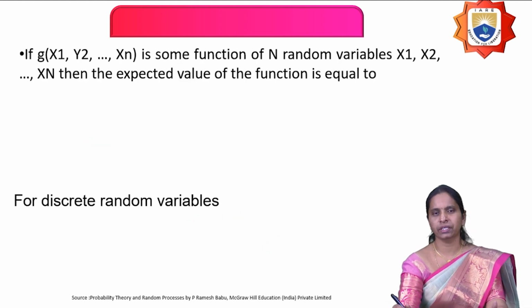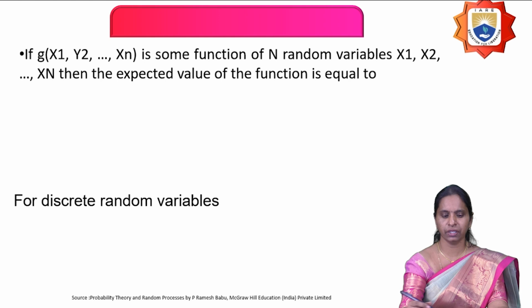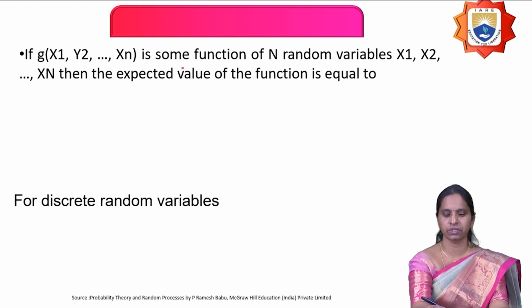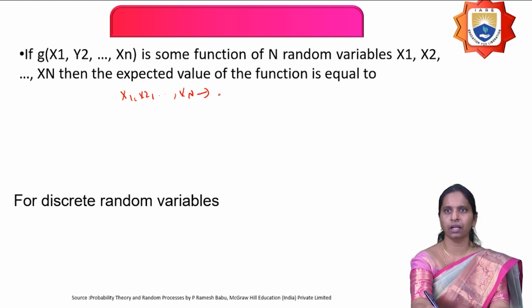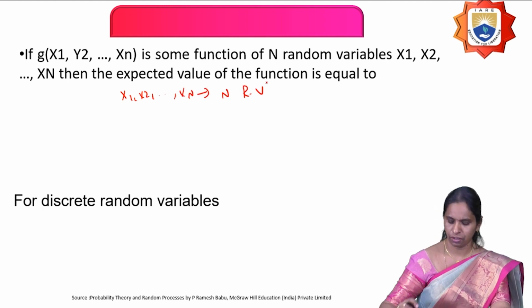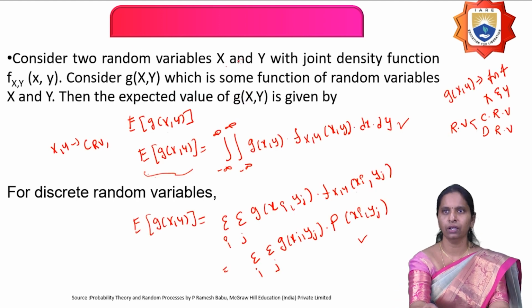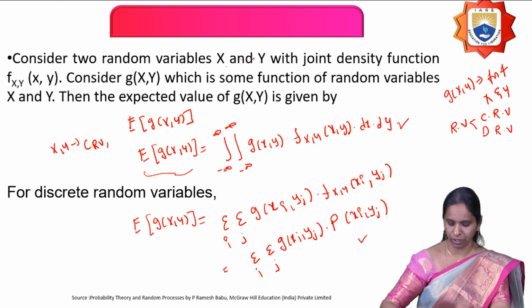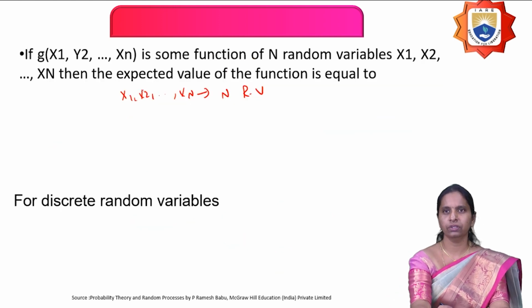Now, you have written this for two random variables. The same thing you are applying for n random variables. So, let us consider X1, X2 and so on, Xn are n random variables. Previously you have taken only two random variables X and Y. Now, instead of two, we are taking n number of random variables.